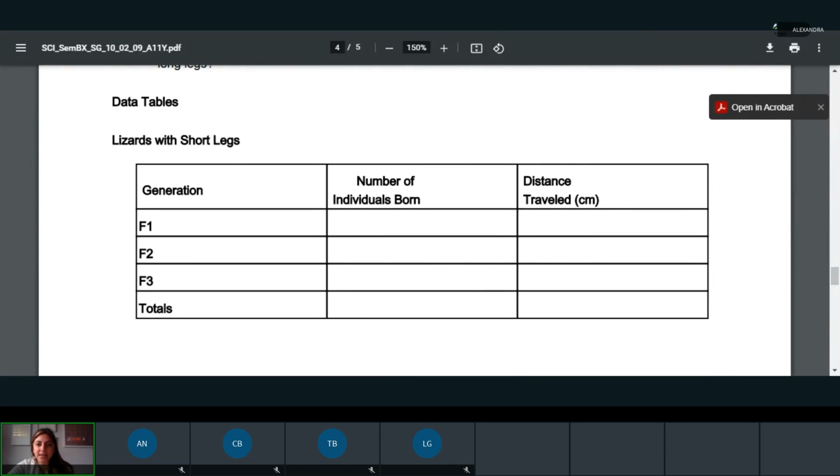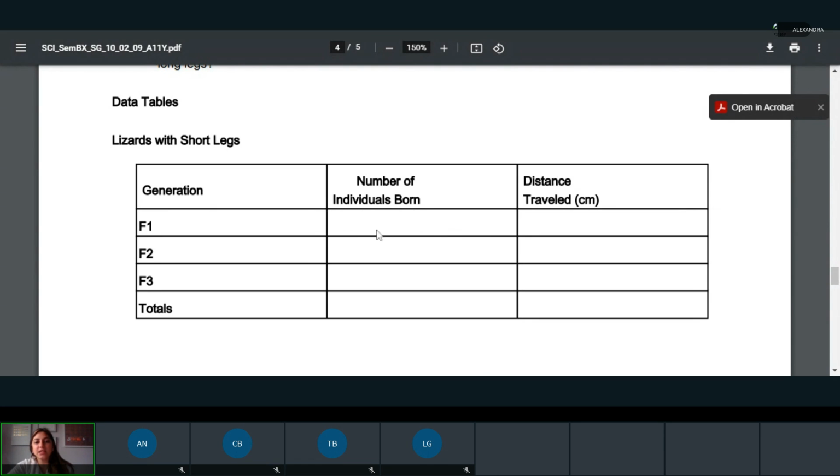Okay, so does that make sense, Logan? So how many short legs and how many long legs did you get? Okay, so with the short leg table, under the F1 generation, you're going to write 2 right here because that's how many you rolled for short legs. So in this line, do you see my cursor?